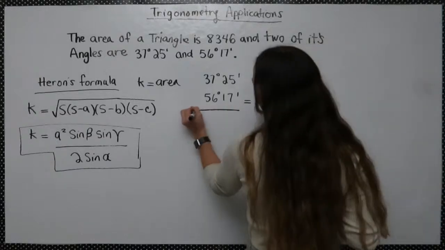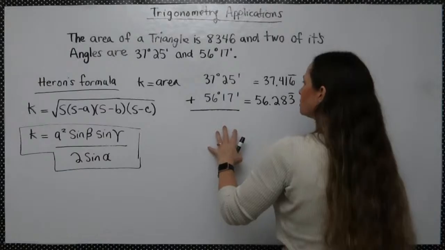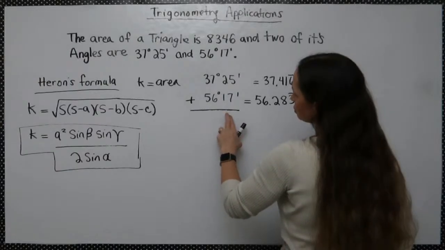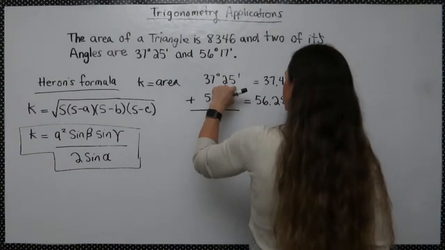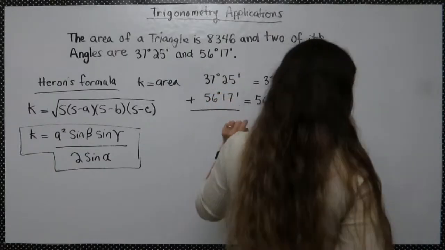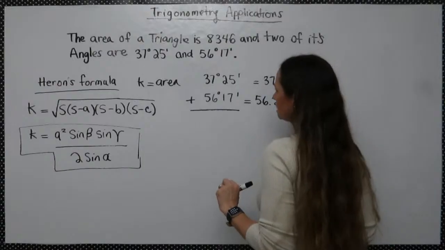If you want to add these, you can add them regularly. The only thing is when you get to 60 minutes, you have to make it another degree. I don't think we're going to get to 60 here because 25 plus 17 is clearly not 60.